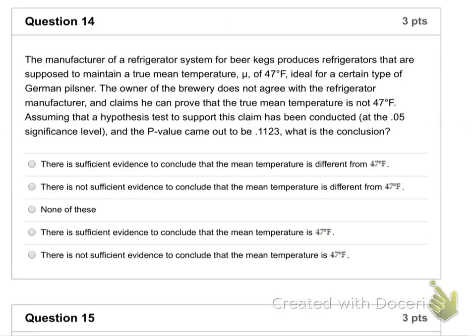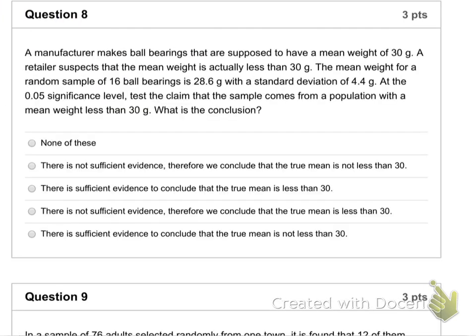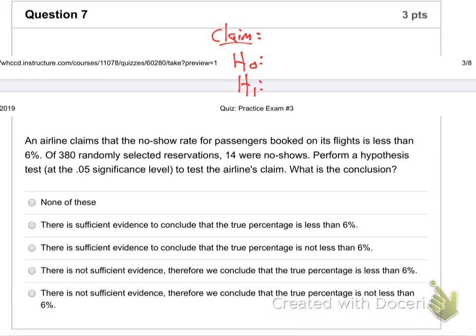So I can go with you to the exam 3 notes. Here we are. On the back side, hypothesis test. First thing is to write the claim, and it's either going to be P or it's going to be mu, equal, greater, less, something like that. So let's go back and see. Where are they actually saying claim?